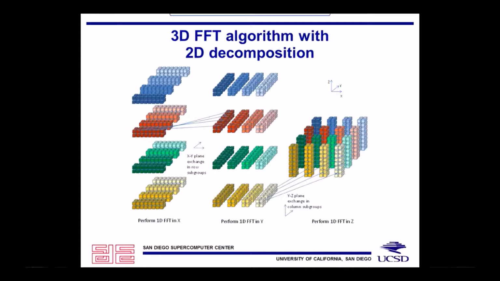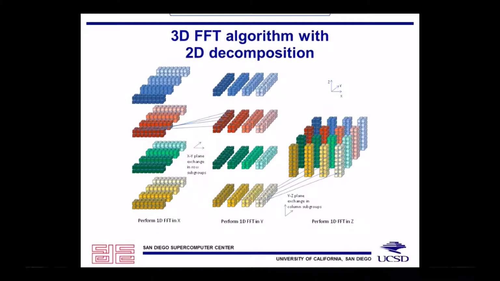So here is a brief overview of the three-dimensional fast Fourier transform algorithm with two-dimensional decomposition. We start out on the left with the volume decomposed as pencils. Each processor is shown by its own color, so it's a 4x4, a total of 16 processors or cores, whatever.